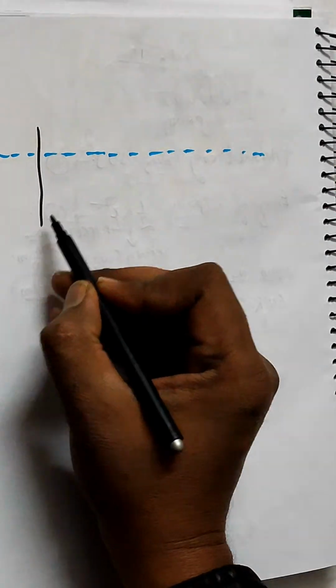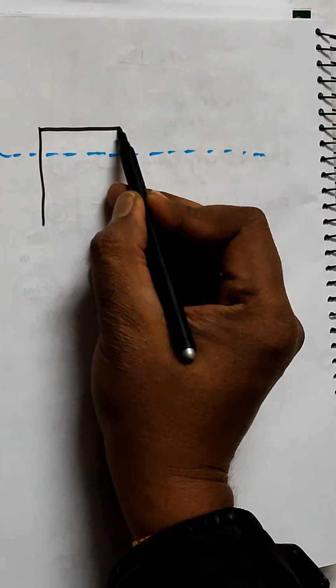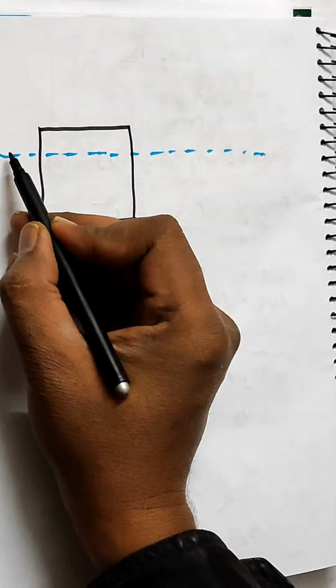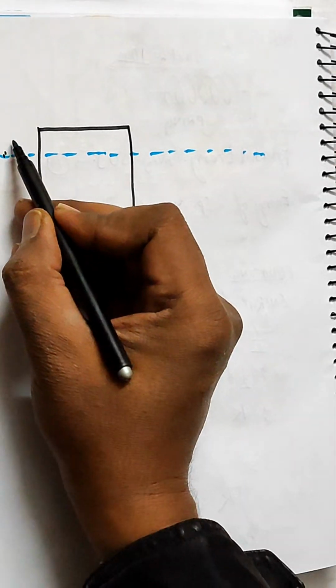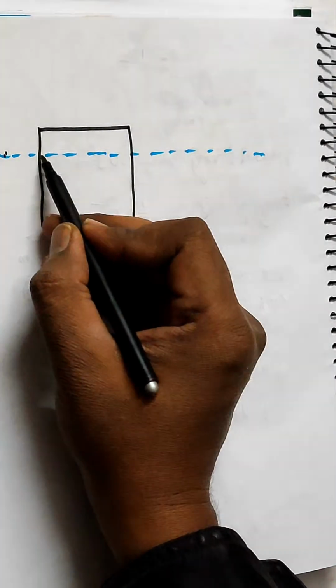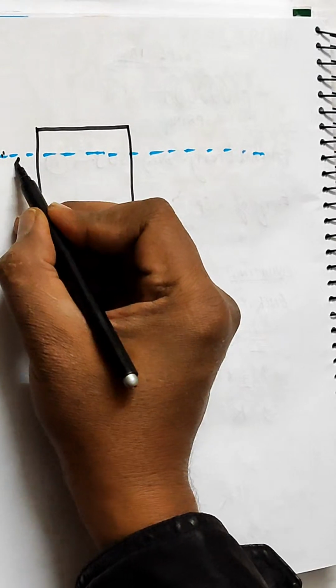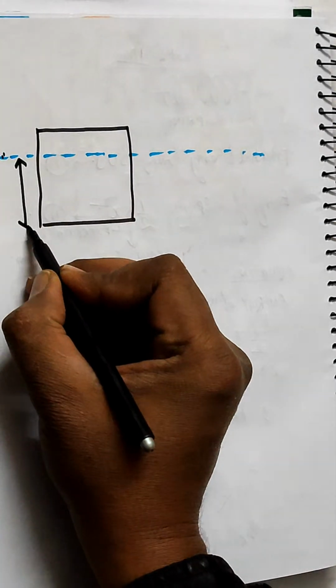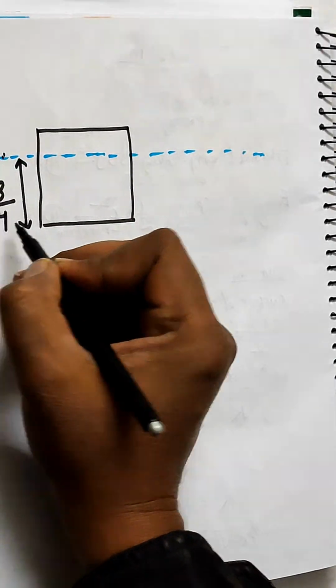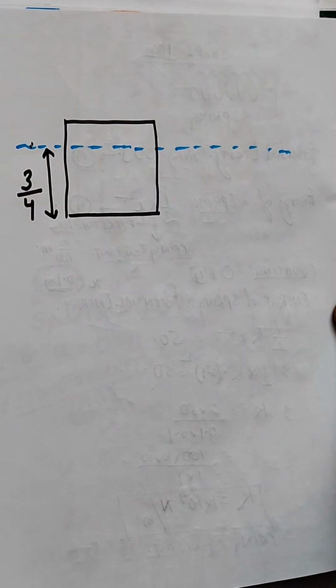If the block is like this, it's submerged 3/4. So it is dipped into the liquid by 3/4 of its height, like this, right?